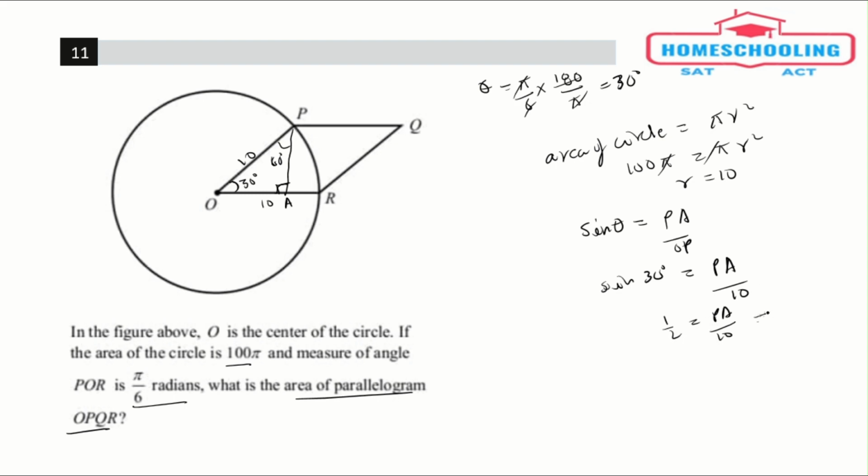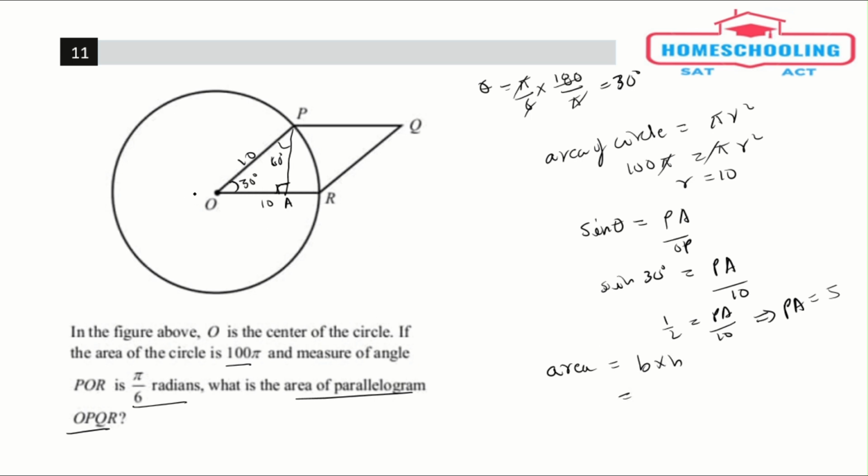So the value of PA is equal to 10 by 2, that is 5. Now we know that area of a parallelogram is base into height.